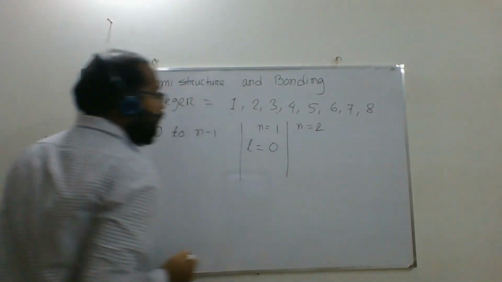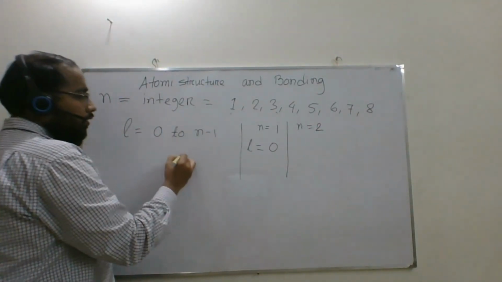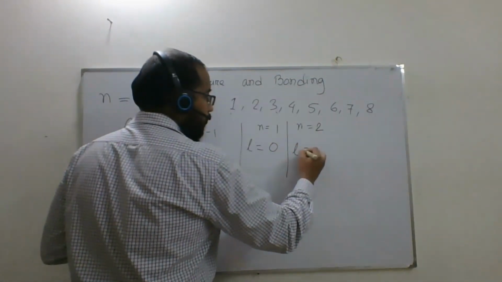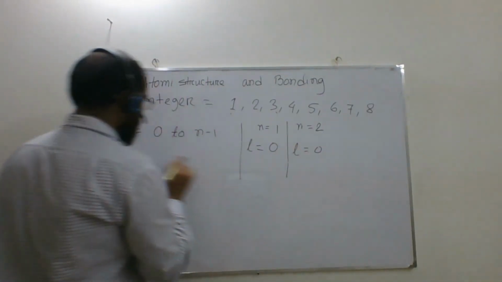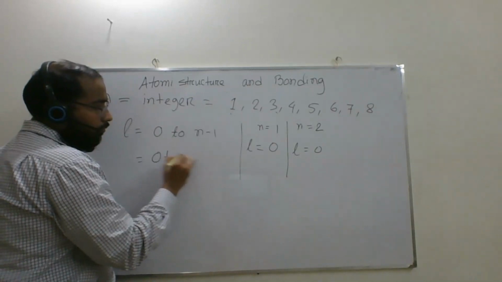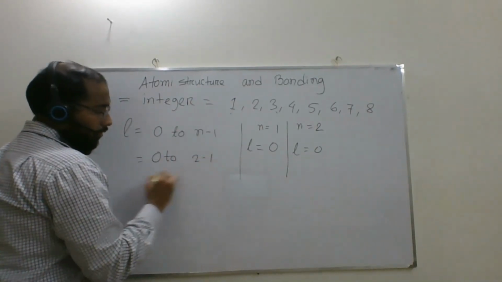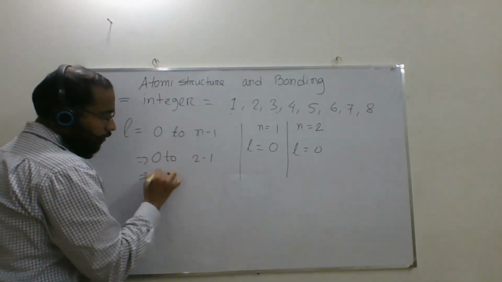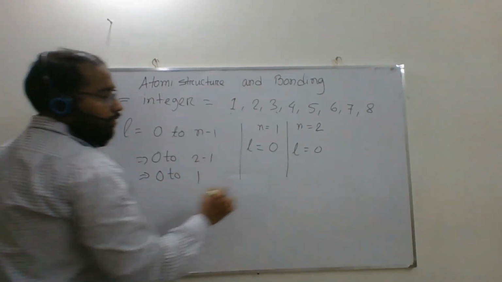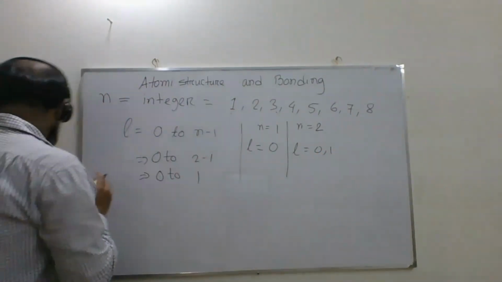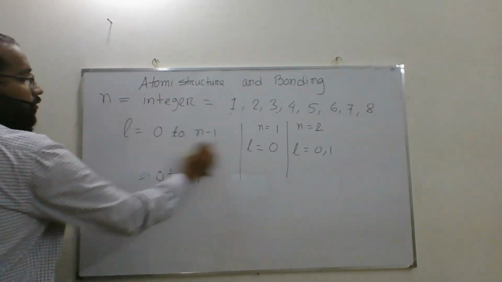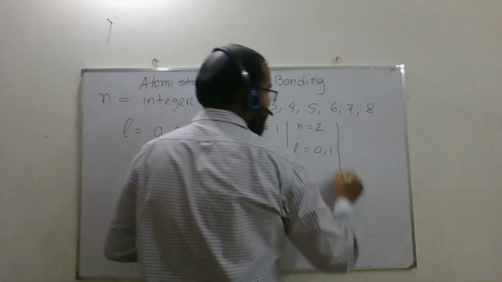If n equal to 2, what will happen? 0 to 2 minus 1, that means 0 to 1. So 0, 1.